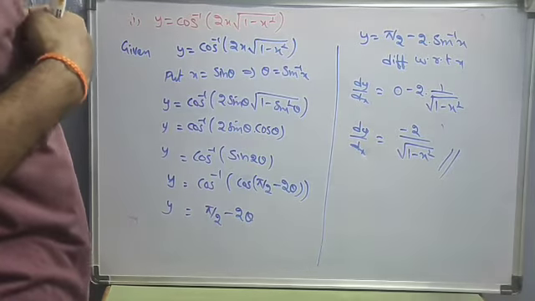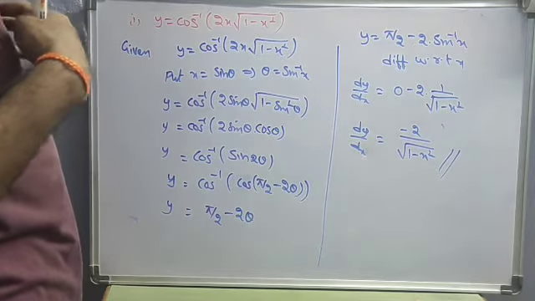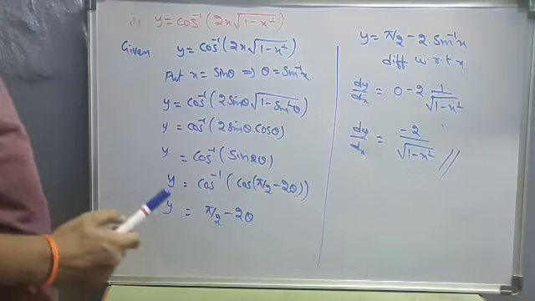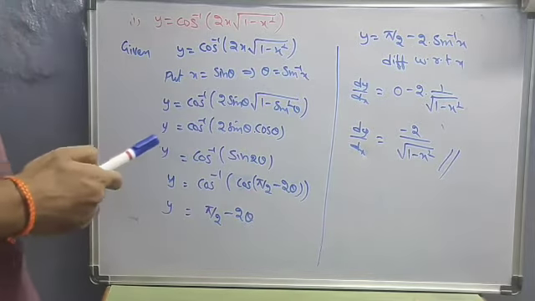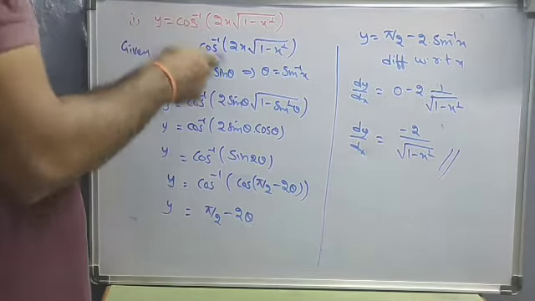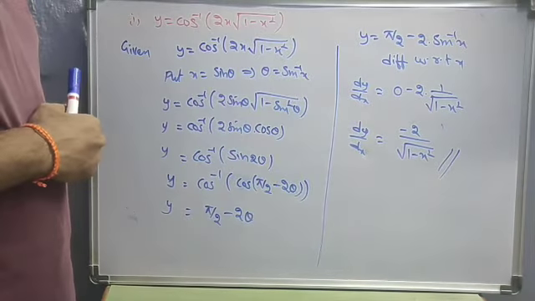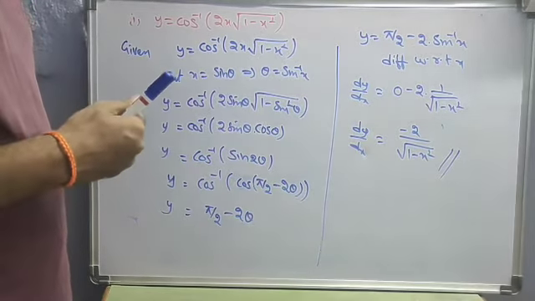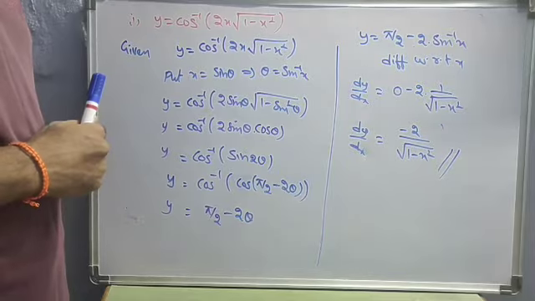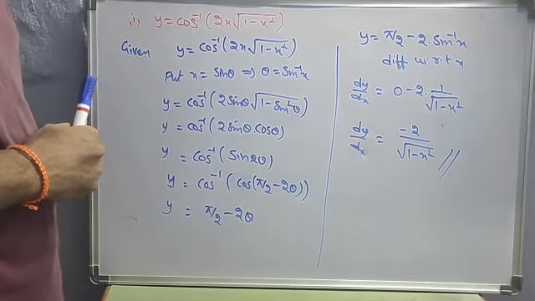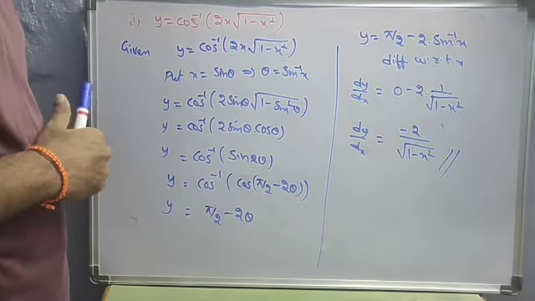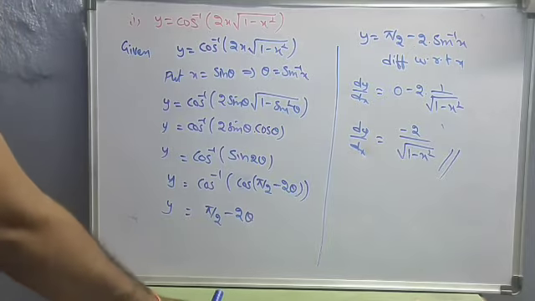Already we know the sin inverse x differentiation value, you just substitute that value. Finally you will get the derivative of the given function very easily. Here I am using the substitution process. Understand? Right.